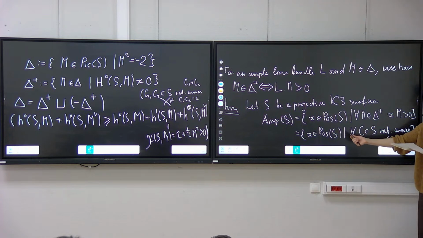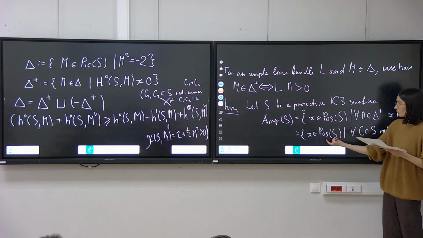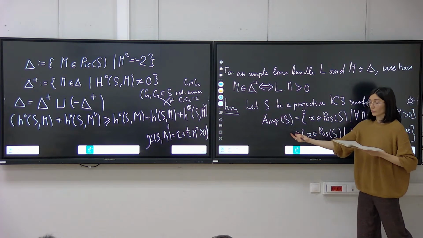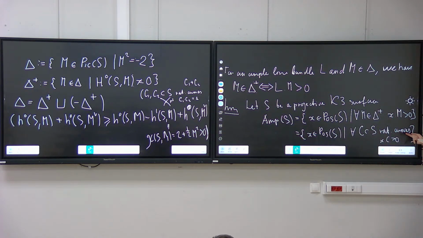So that's the answer. What is the difference between the positive cone and the ample cone for a K3 surface? We should check that the intersection with rational curves is positive. It's enough.